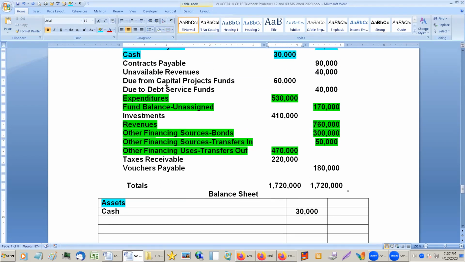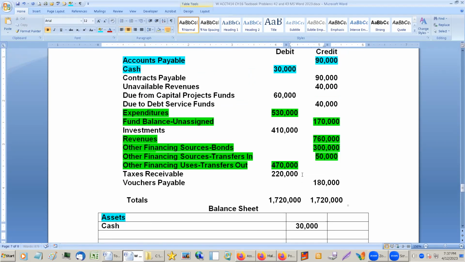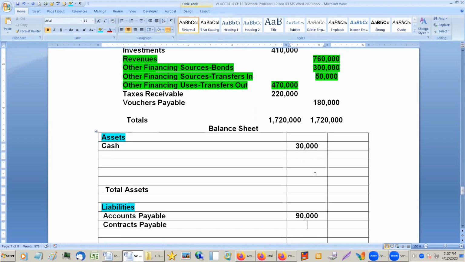Contracts payable. Liabilities. 90,000. Are they both 90,000? They are both 90,000.